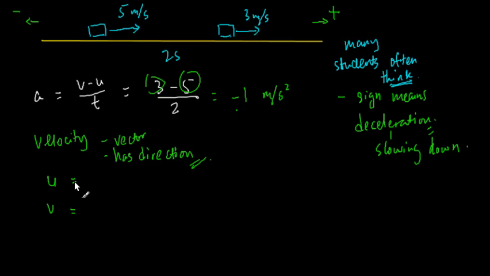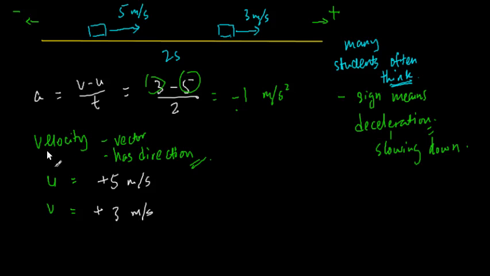So instead of just saying that u is 5 meters per second, I should say that it is plus 5 meters per second, and the plus means that it is going in the positive direction, which in this case is to the right. And v, the final velocity, is plus 3 meters per second, and we use the plus sign to indicate that it is to the right, to this direction that we call positive.